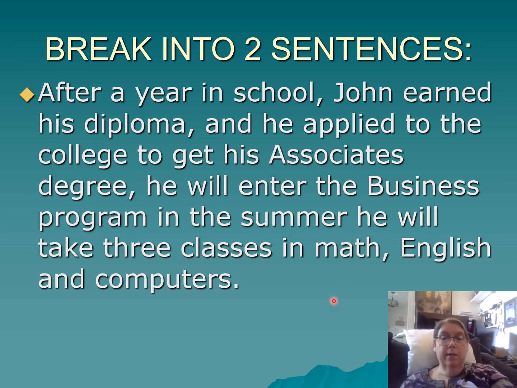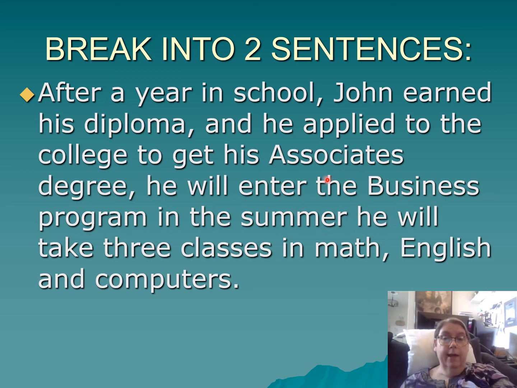So how could I break this into 2 sentences? There's multiple ways you could do this. Again, if you were just doing this on your own, you could make it into 4 sentences, but I asked you to break it into 2. So let's take the first 2 here and break it there. So we'll put a period after degree, and then we'll capitalize the he.